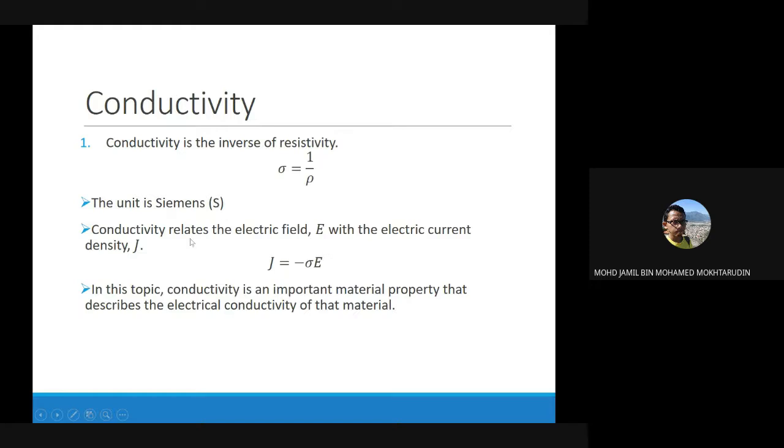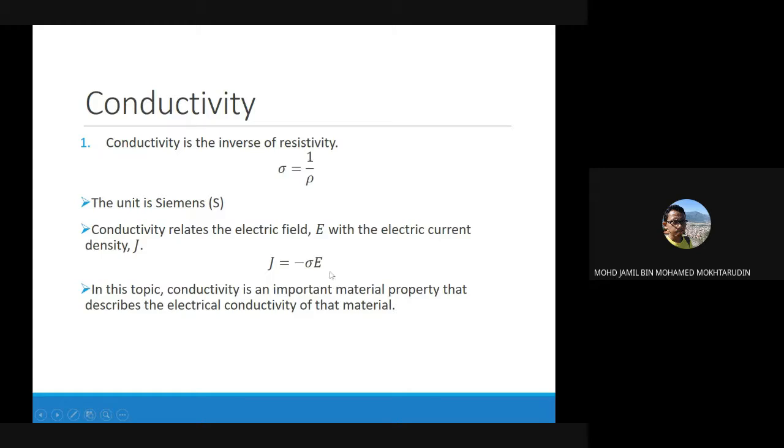Conductivity can be related to the electric field E through the electric current density. J is the current density, similar to I equals V over R, but in this case J is current density, or ketumpatan arus, and it equals negative conductivity times E. So in this lecture, the important material property that relates to the conductivity of electrical current is sigma, or rho.